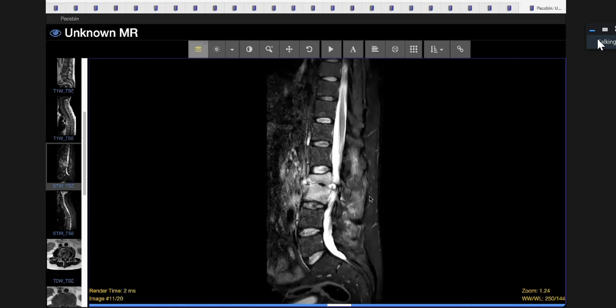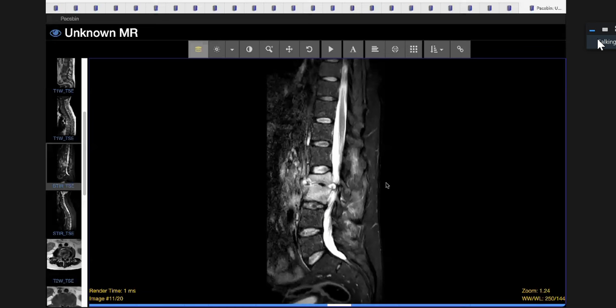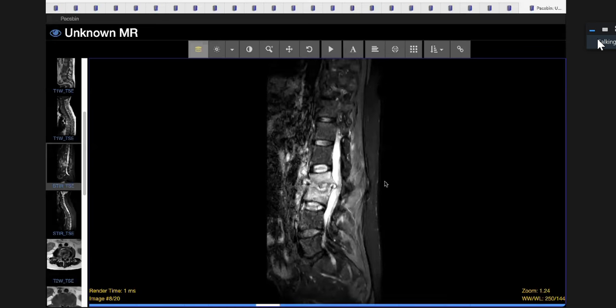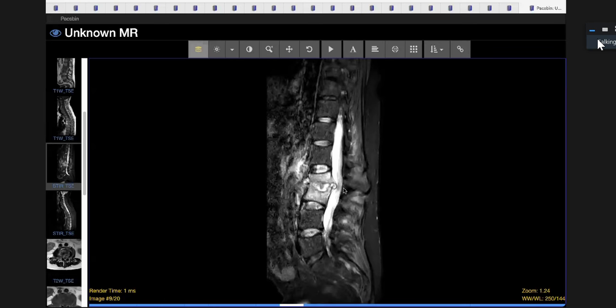So the spine looks quite abnormal. The L3 and L2 vertebral bodies show STIR hyperintensity with partial collapse of the L2 vertebral body. The adjacent disc space is also involved. There's a bit of hyperintensity within the disc space, which is extending posteriorly and into the prevertebral space.